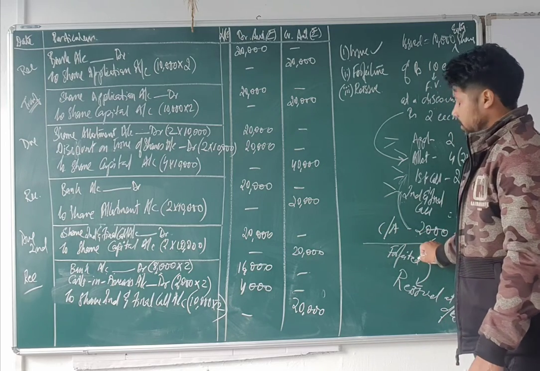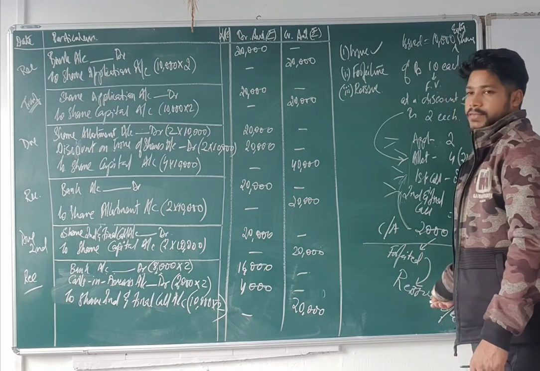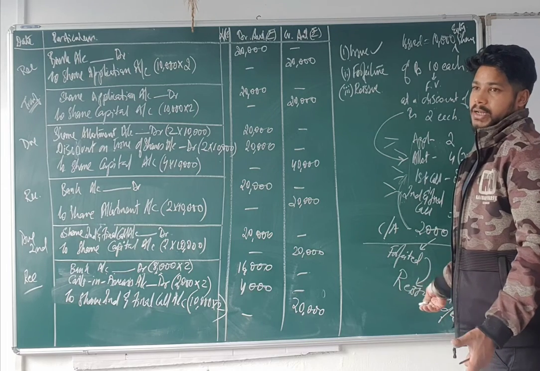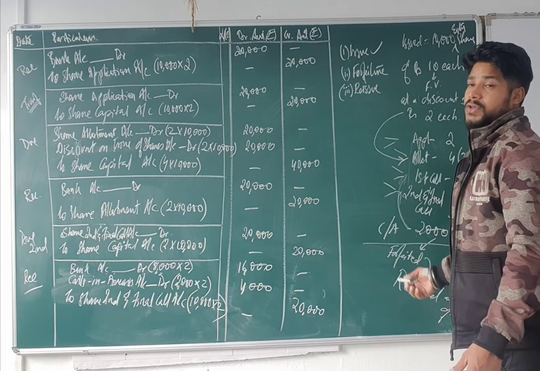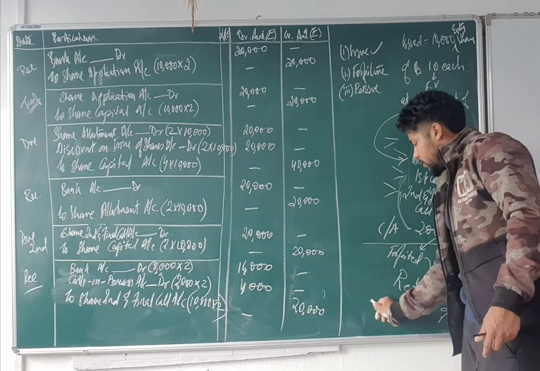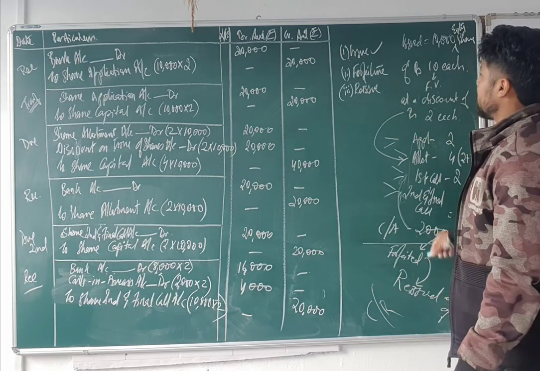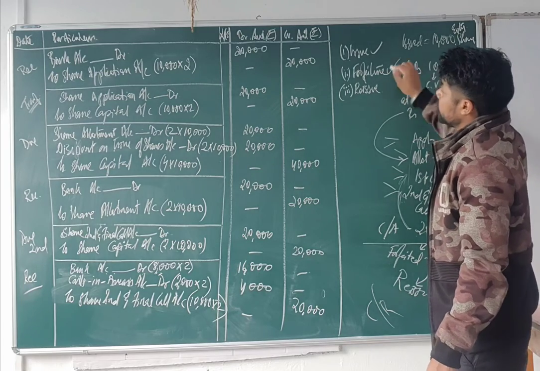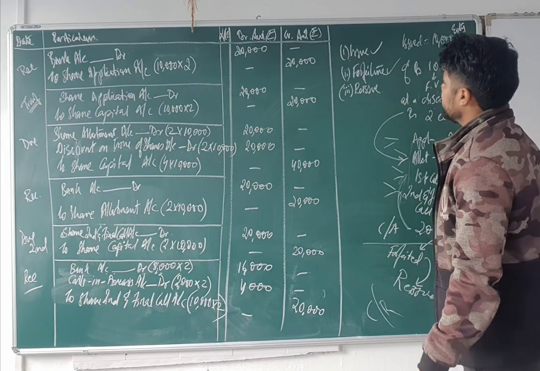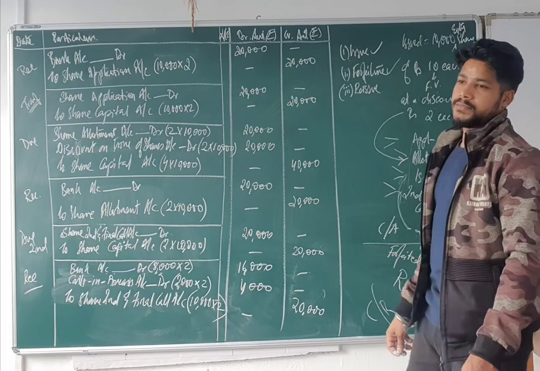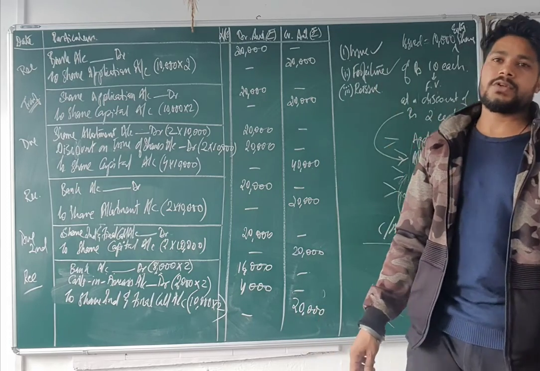Now we have to give entry for forfeiture, then we have to give entry for reissue, and automatically after reissue, as I told you, we always have to give entry for capital reserve. Am I clear? So 3 entries are left. So according to the question also, second one we have to do is forfeiture of shares. Is it okay? Let's see forfeiture of shares.